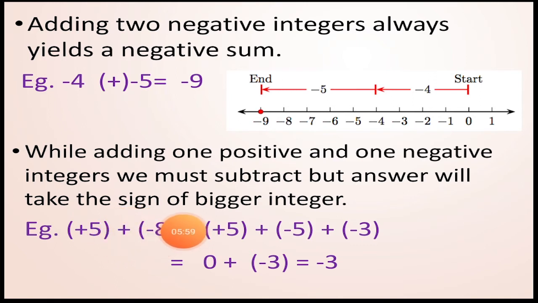When you subtract 5 from 8, you get 3, and this sum will carry the sign of the bigger integer. Here the bigger integer was 8 and it has a minus sign in front of it, so our answer will also contain a minus sign.